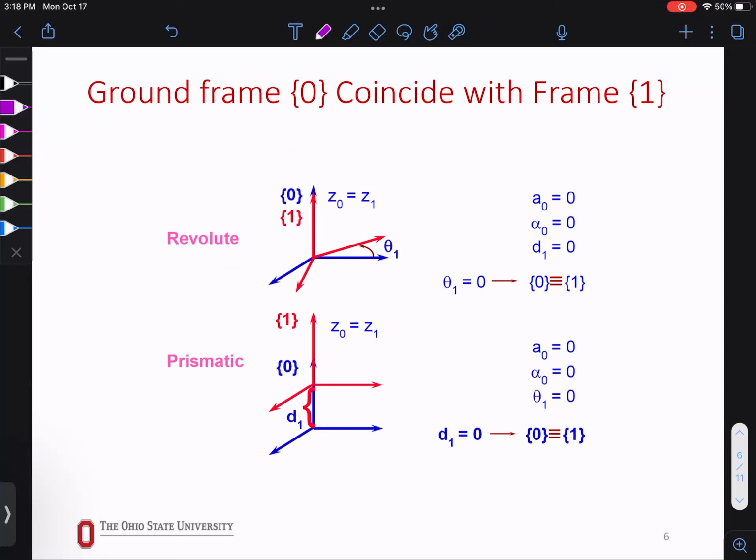Now, since the rotation happens around the axis, if theta 1 starts being anything greater than 0, you only have a theta variable. A_i, alpha_i, d_i is 0. You only have in that table 0, 0, 0, theta 1 star. Super easy. All right. If you had prismatic, same: 0, 0, 0, d1 star, because that's the only way that frame 1 is moving away from frame 0.